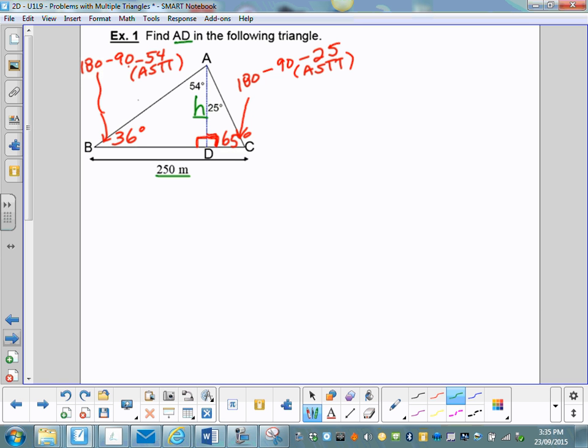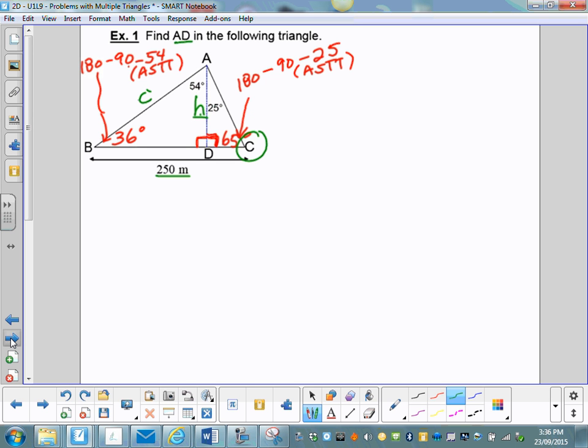So either triangle ABD or triangle ABC. I'm going to try and find this side over here, side C, that's opposite angle C in the big triangle ABC. I'm going to find that first to help find this side in the small right angle triangle.